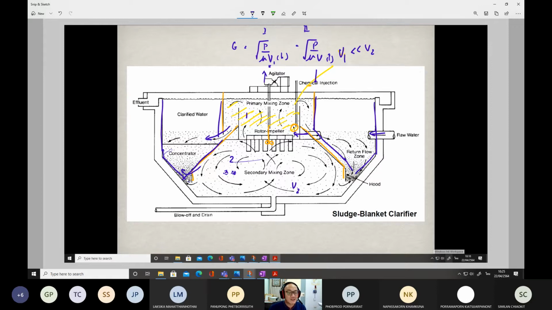If you look at the bottom of the sedimentation zone, the concentration of the sludge in the sludge settling zone would be very high. This will act like a blanket.